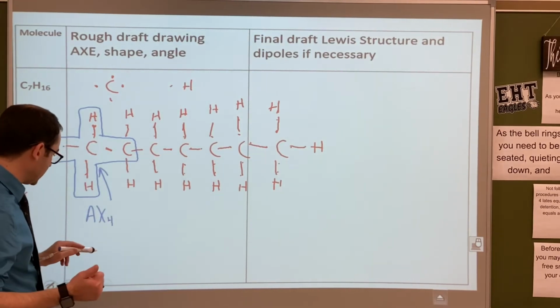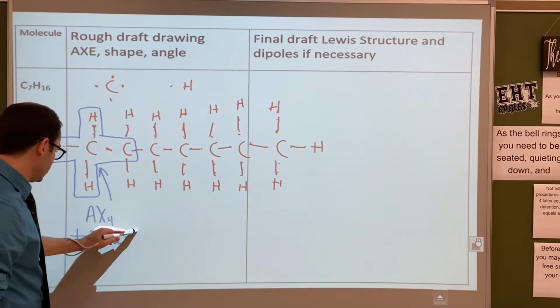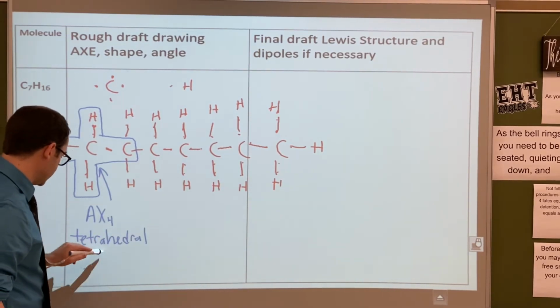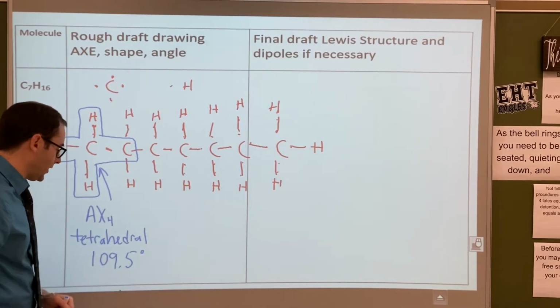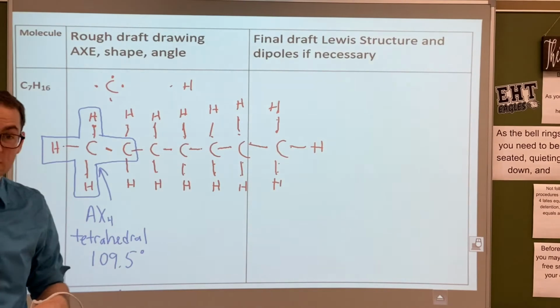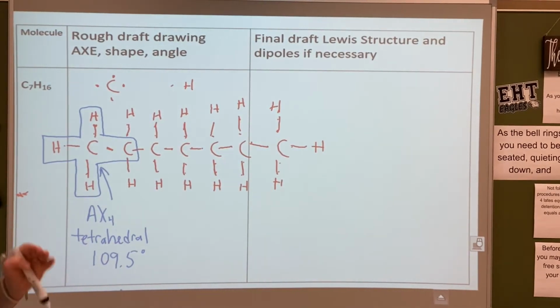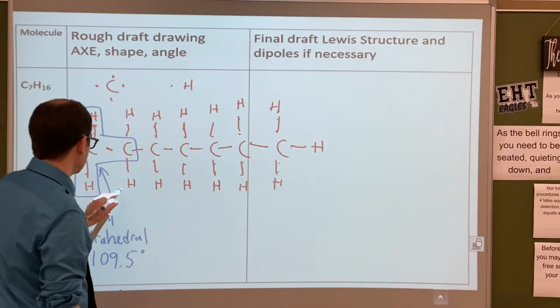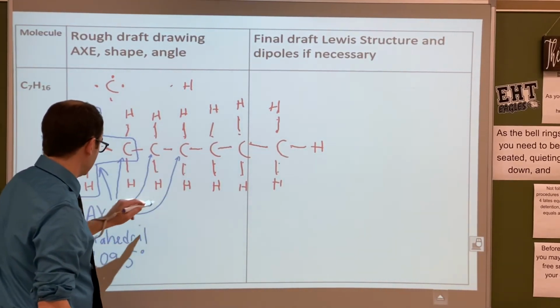Which means the shape is tetrahedral, and the angle is good, 109.5. What about the other carbons? They're all the same, right? Instead of writing it a million times, just draw some arrows. All right, they're all going to be that.